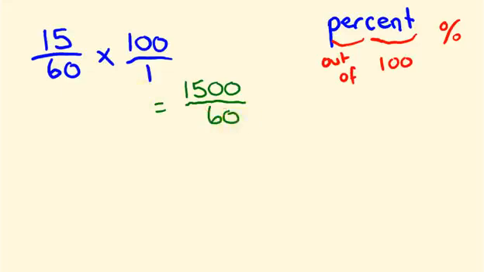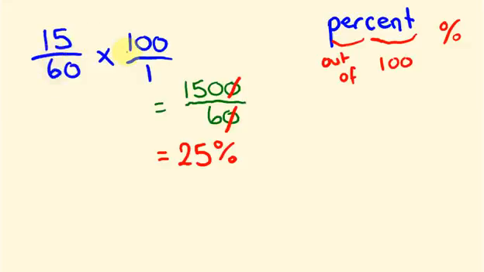Now we can cancel out numbers, like the zeros are going to cancel each other out, because 10 is going to go into both of these. So we end up with 150 divided by 6. Now 150 divided by 6 is 25. So 25%. So 15 over 60 is 25%.